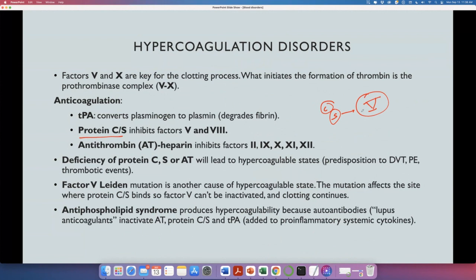If there is a mutation in factor 5, the receptor for the complex protein C and S is going to be absent or defective. So there is no binding. That is what we call factor 5 Leiden mutation. It affects the binding site for the protein C and S complex. So we don't inactivate factor 5 and it continues promoting the coagulation cascade.